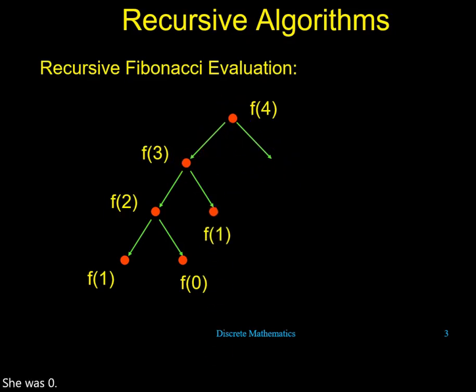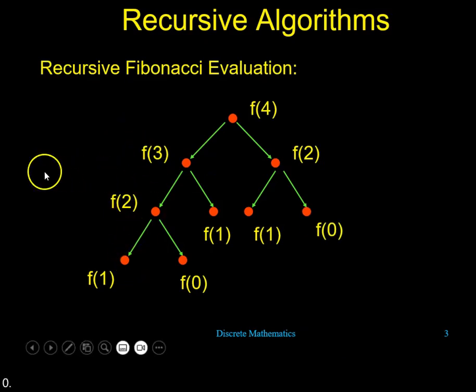And then Fibo 3 is computed, Fibo 2 calls Fibo 1 and Fibo 0, and we end up computing the fourth Fibonacci number. How many additions are needed here to compute the fourth Fibonacci number? 1, 2, 3, 4 additions.